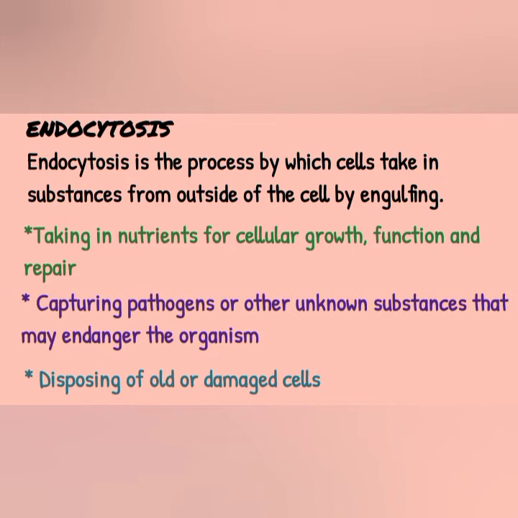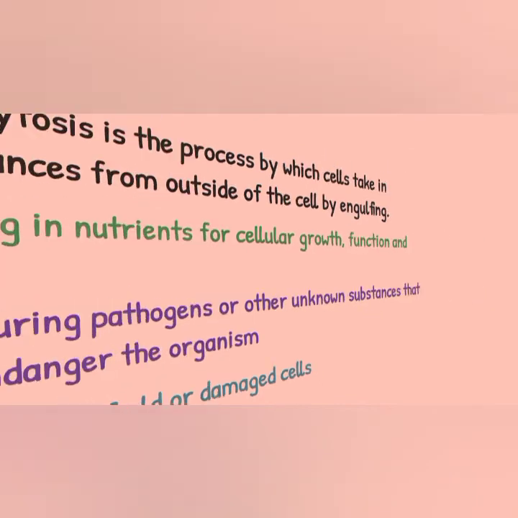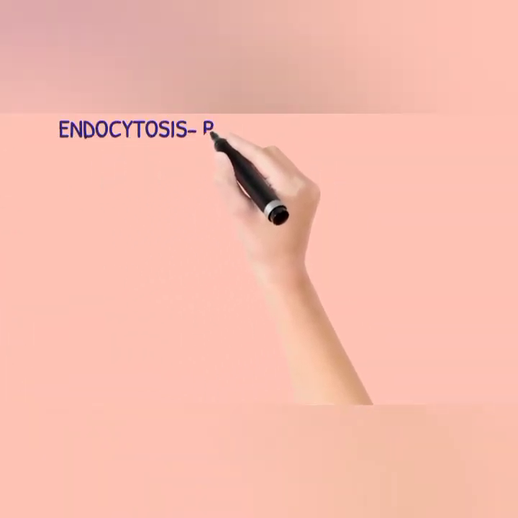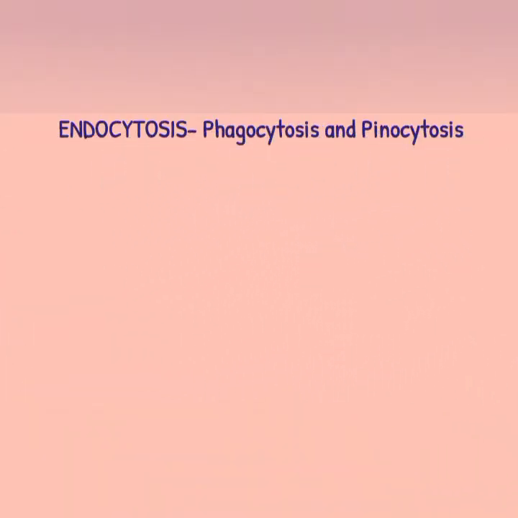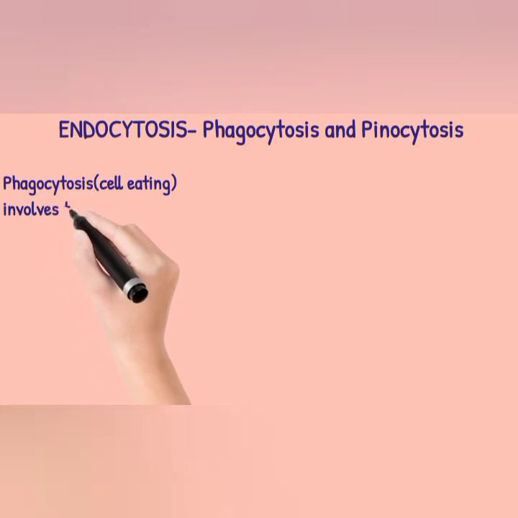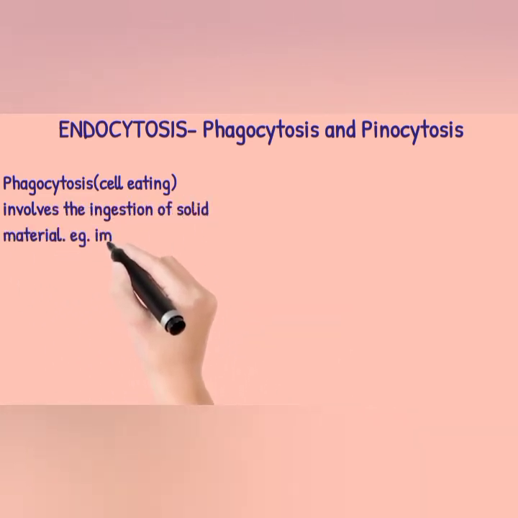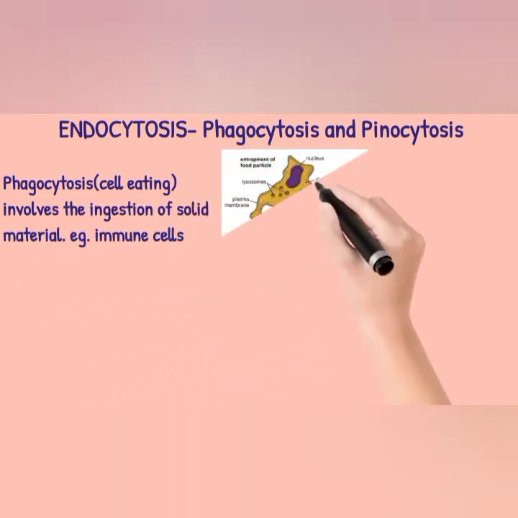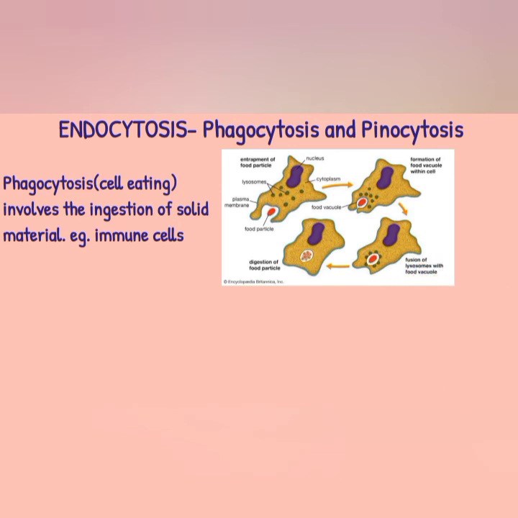Two main types of endocytosis are phagocytosis and pinocytosis. Phagocytosis means cell eating, and pinocytosis is also known as cell drinking. Cell eating because it involves the ingestion of solid material by the cell.